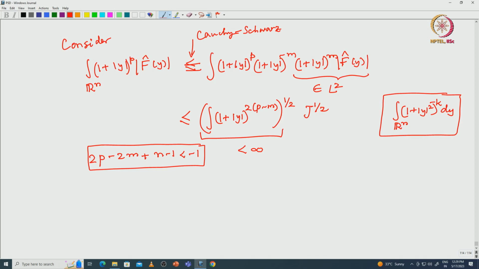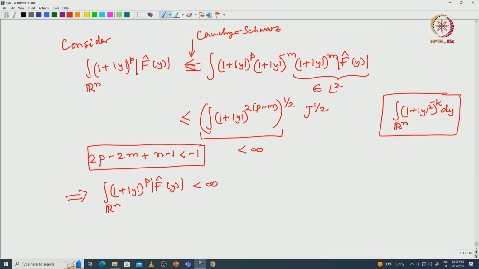So the conclusion here is that the integral of (1 + |y|)^p times f cap of y over R^n is finite.